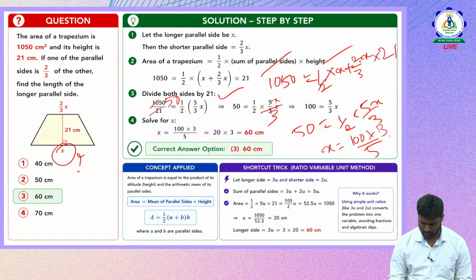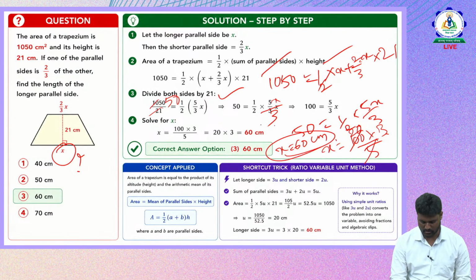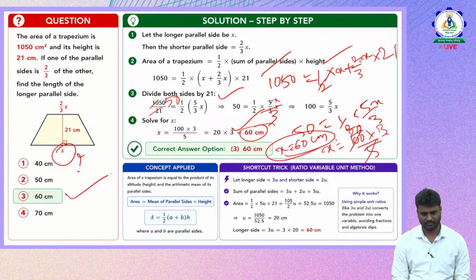Simplifying, 5 ones are 5, 5 twenties are 100, so 20 into 3, and x is equal to 60 centimeters. That is the value, x equals 60 centimeters. Which option is correct here? Option 3, 60 centimeters, is correct.